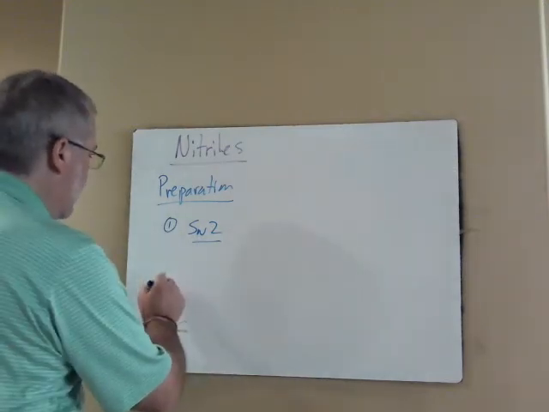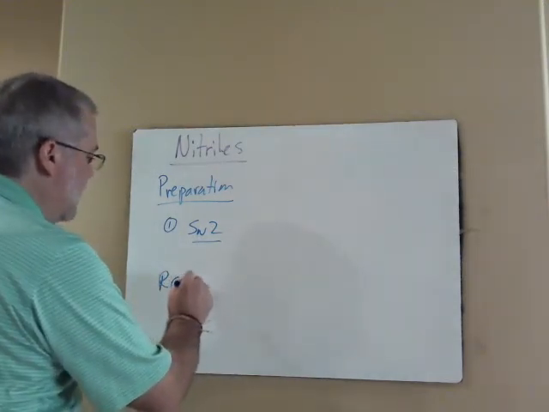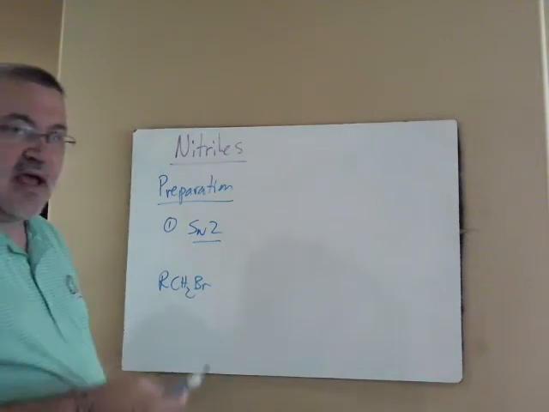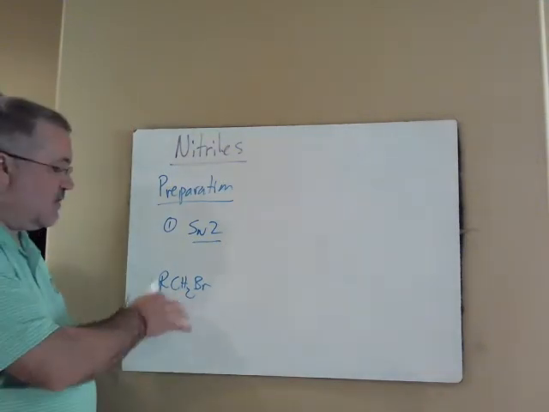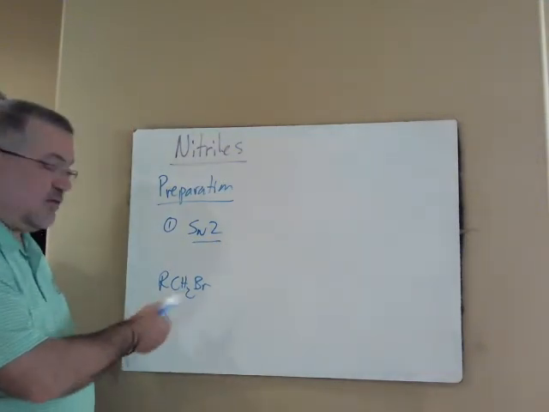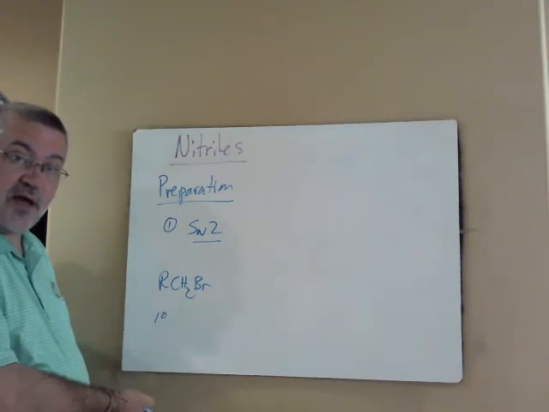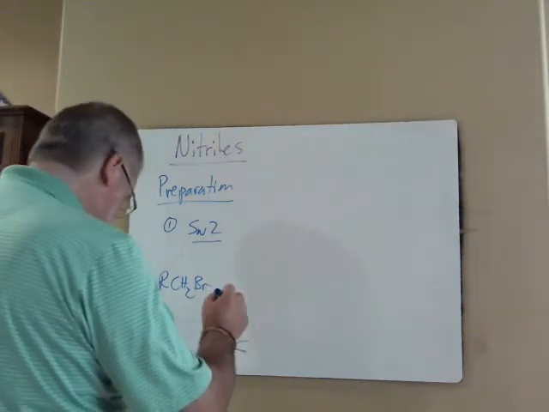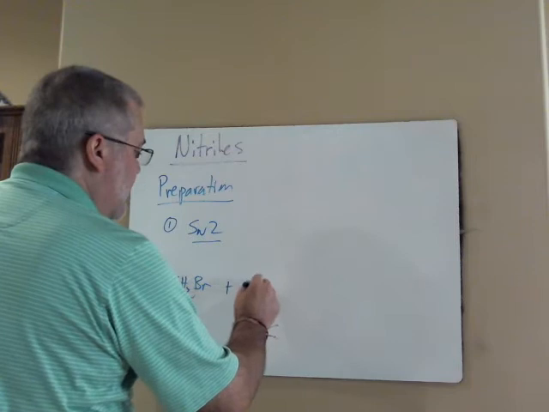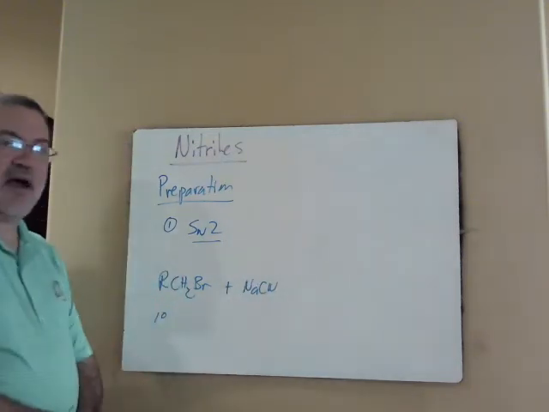And so that means simply if you have an alkyl halide, and again, SN2 is the best way of doing it, so a primary alkyl halide is going to work the best, the normal rules for SN2, we can react that with sodium cyanide.